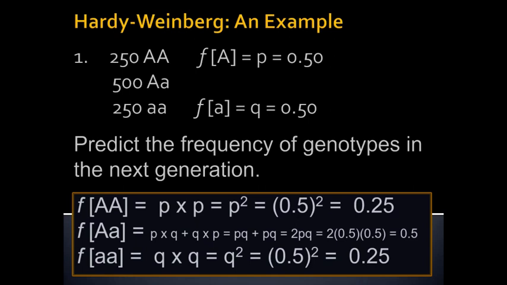So again, very quickly, the probability of being homozygous dominant is the probability of a big A times the probability of a big A, or the union of those probabilities, which is equal in this case to 0.25. Same thing for the homozygous recessive, except with the Q values. Okay, the probability of being a heterozygote, we have two ways you could be a heterozygote: big A from dad and little a from mom, or big A from mom and little a from dad.